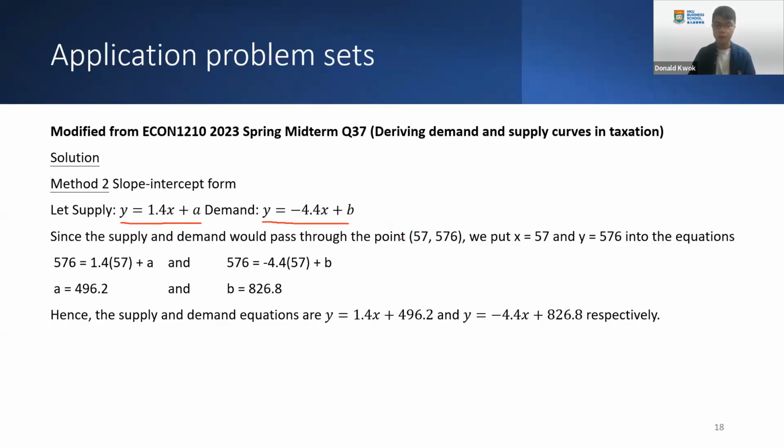After that, we just need to plug the equilibrium quantity 57 and equilibrium price 576 back into the supply and demand functions respectively, which is this step. And we are able to solve for the y-intercepts of supply and demand. Again, we have the same supply and demand functions.